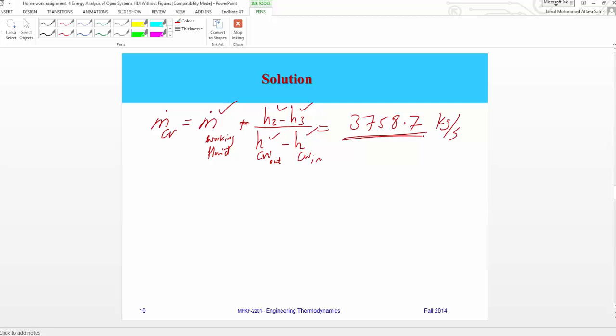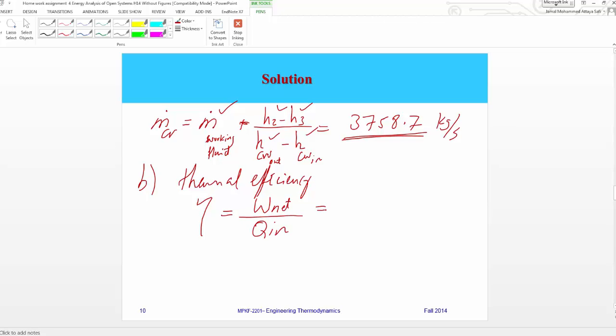kilogram per second. That's A. And B, it's asking me to find the thermal efficiency. For the thermal efficiency, we know the thermal efficiency is work net divided by Q in. And work net is work of the turbine minus work of the pump.